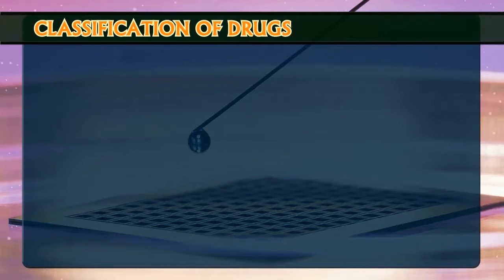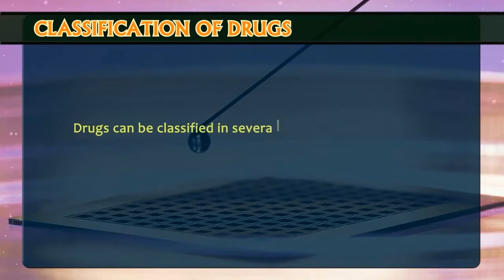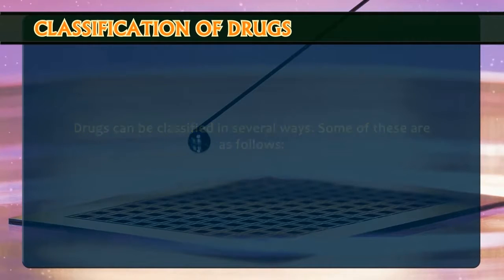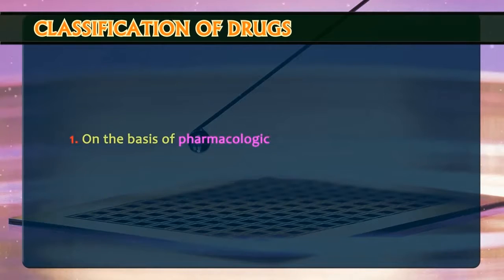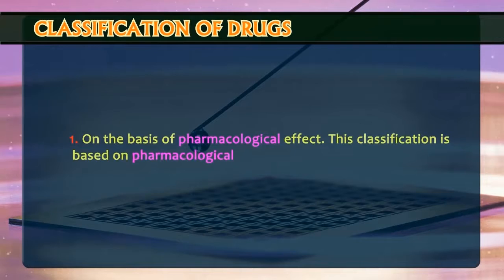Classification of drugs. Drugs can be classified in several ways. Some of these are as follows. 1. On the basis of pharmacological effect. This classification is based on the pharmacological effect of the drugs.